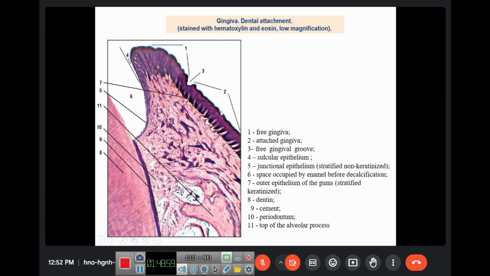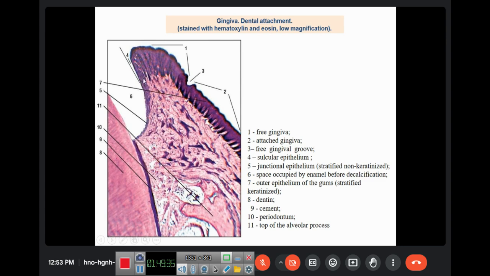Epithelium is stratified keratinized here, and the lamina propria mucosa forms very high and multiple papillae, which increase attachment of epithelium to underlying connective tissue. Connective tissue here has a lot of thick bundles of collagen fibers which go from epithelium to the bone to attach the gingiva to the bone. The same structure is in the free gingiva with the keratinized epithelium and very high papillae of connective tissue.